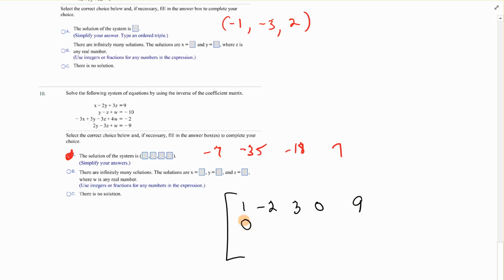And then we have a 0 and a 1y and a negative z and a 1y, a 1w, negative 10, negative 3, 3, negative 3, 4, negative 2, and 2, sorry, 0, 2, negative 3, 1, negative 9.